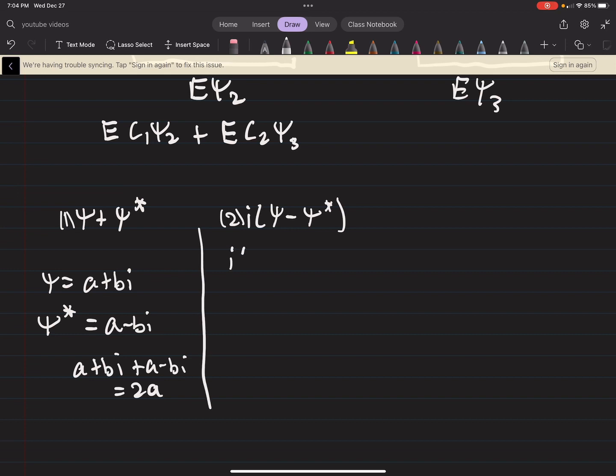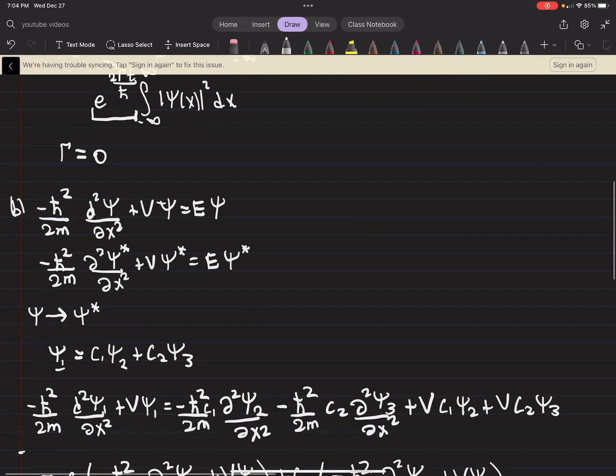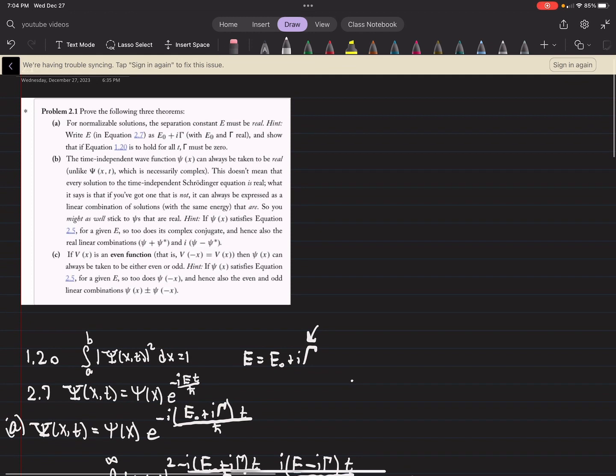And as for the second equation, you have a plus bi minus a plus bi, so you have i times 2bi, which is 2bi squared, which we know to be minus 1. So those are, in fact, solutions. They're real.